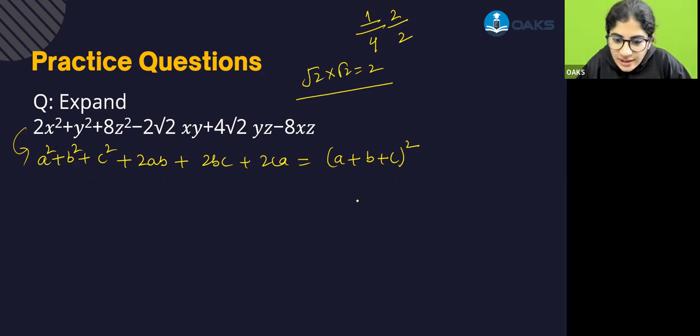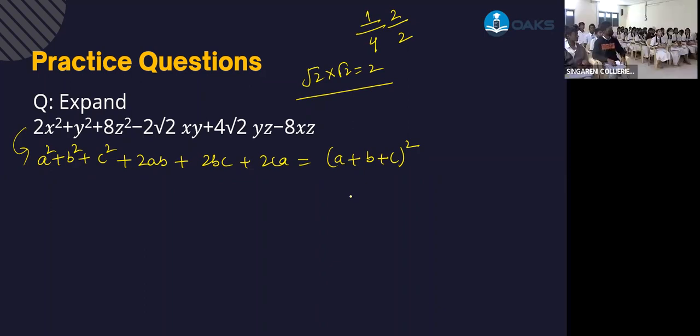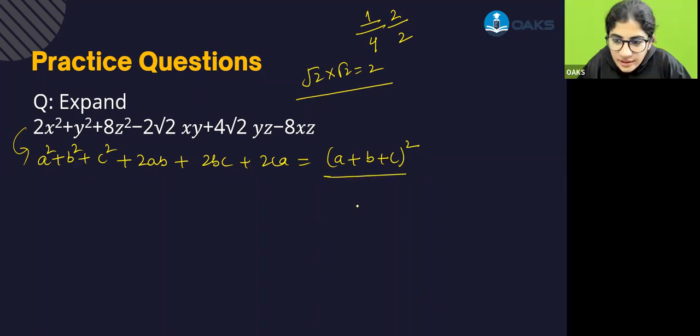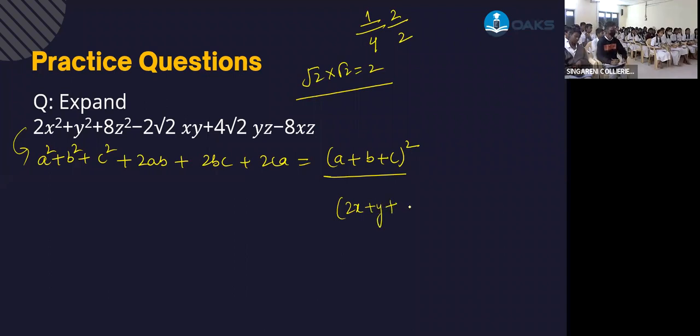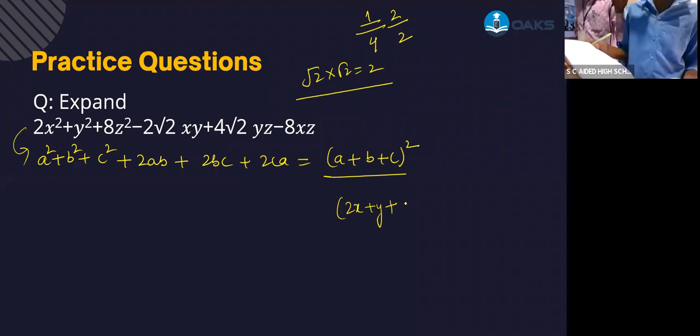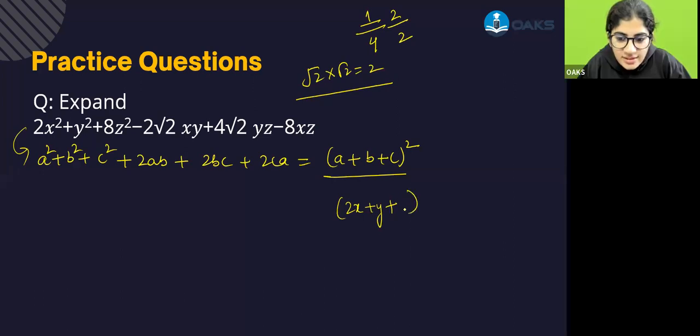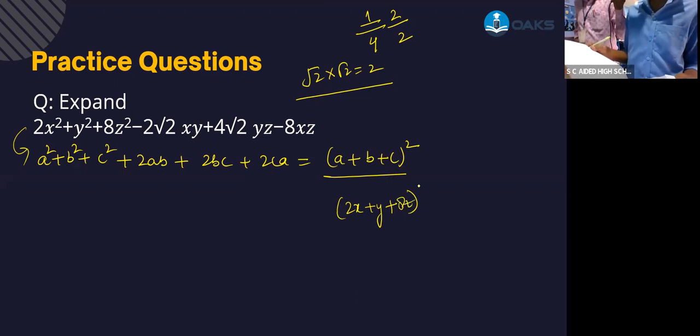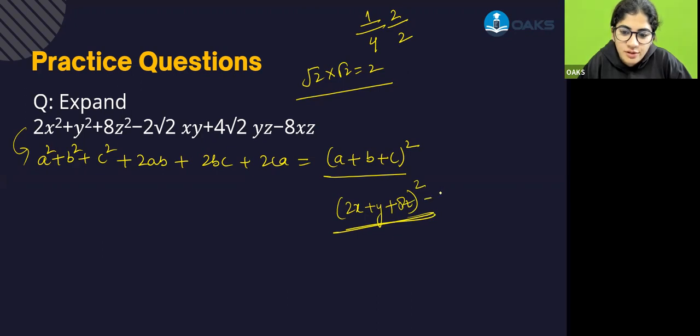Can you dictate what you have written? The final format. 2x plus y square plus y square, ma'am. What is this term? 8z. 8z whole square. Yes, ma'am. Okay, you can sit down. This is your answer of school 2.